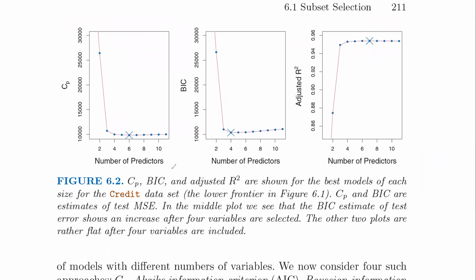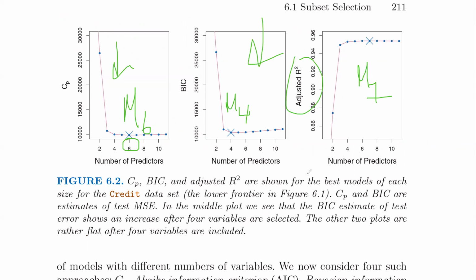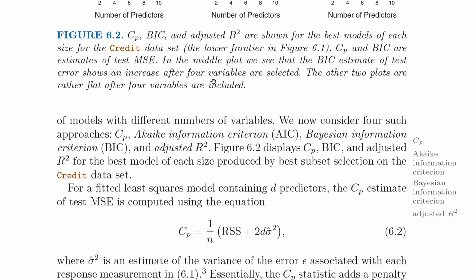And what's interesting is that using CP tells us we should choose model 6, M6, whichever those 6 variables were. BIC, we choose the M4 model, and this looks like the M7 model. So apparently you want to maximize the R squared, but you want to minimize BIC and CP.